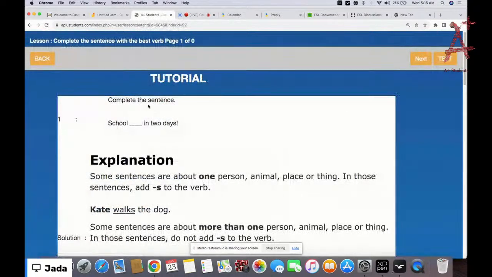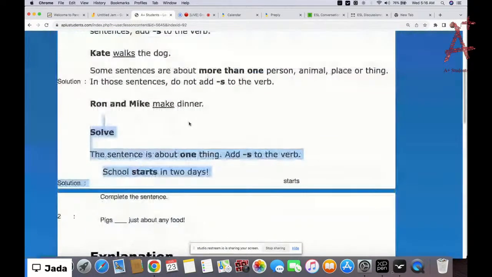All right, so let's see what this is all about now. The first example here says complete the sentence: school dash in 2 days. So what is going to be the suitable answer?